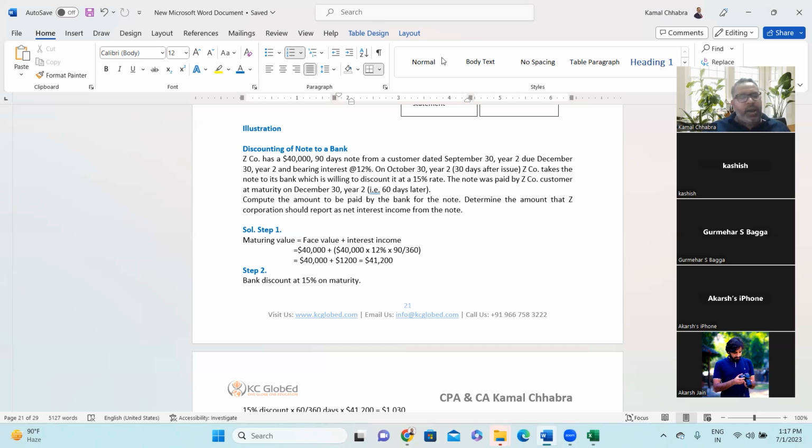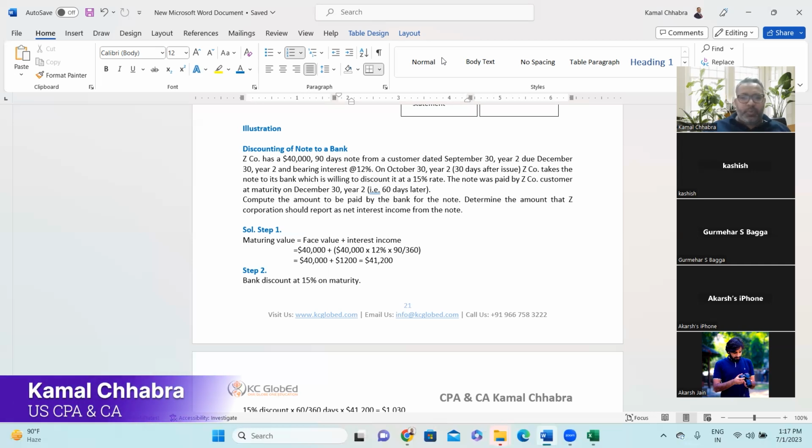On October 30th, that means after 1 month, after 30 days of the issue, Z company takes the note to its bank, which is willing to discount it at a 15% rate of interest. The note was paid to Z company's customer at maturity on December 30th, year 2, that is 60 days later. Compute the amount to be paid by the bank for the note and determine the amount that Z company should report as interest income from the note.